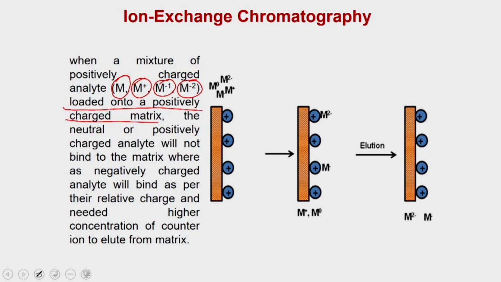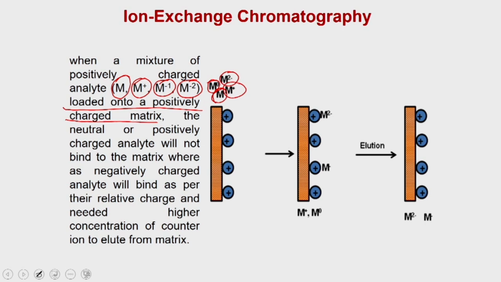You have loaded M, which is neutral, M2 minus, which has two negative charges, M minus, which has one negative charge, and M plus, which has one positive charge.